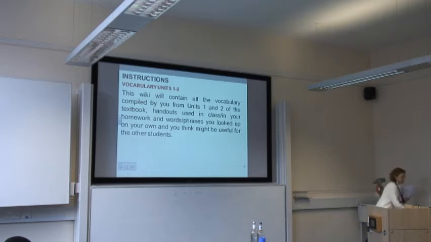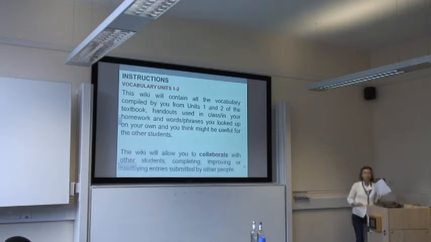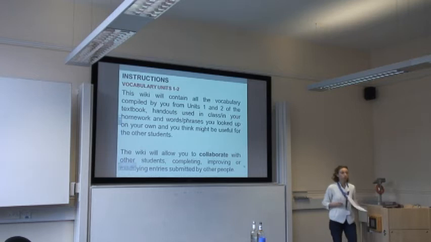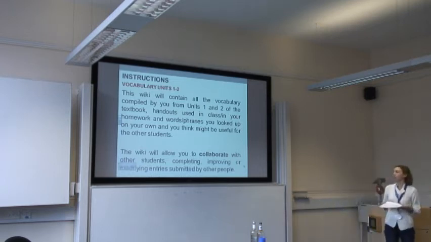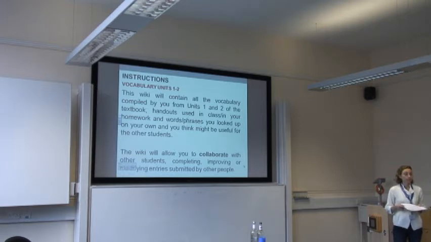Second point in the instructions is what the wiki will allow them to do: collaboration, completing, improving, and modifying entries submitted by other people. This is going very well, but I think partly because they did the collaboration last year, so they are used to it.